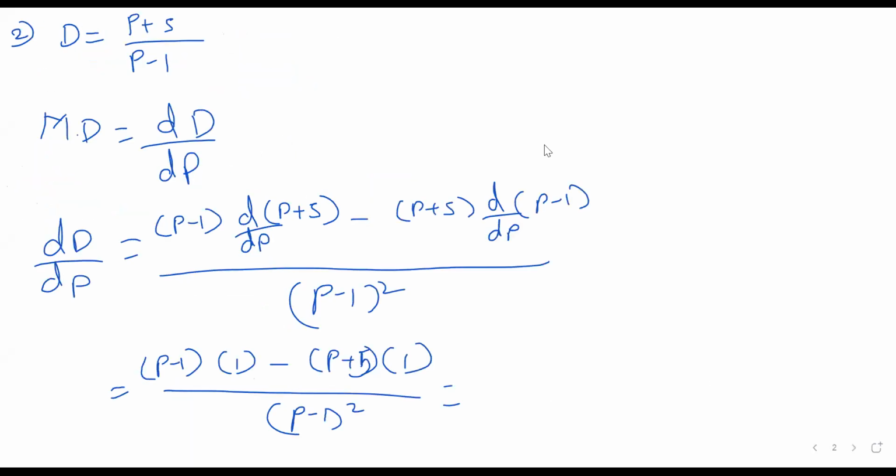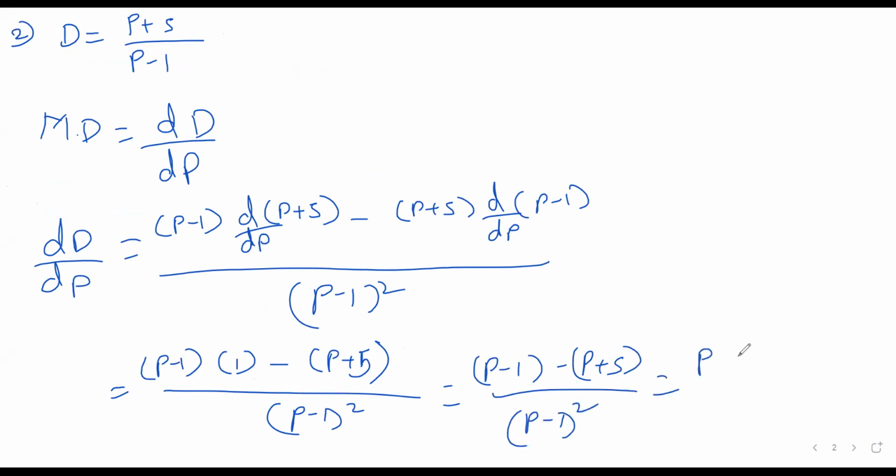Sorry, by mistake this 5 was taken as 1. So our answer is changing. We'll write this as P minus 1 minus P plus 5 upon P minus 1 bracket square. This is P minus 1 minus P minus 5 upon P minus 1 bracket square. P's will get cancelled.